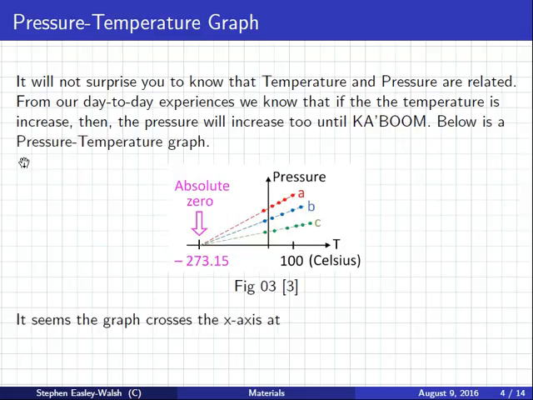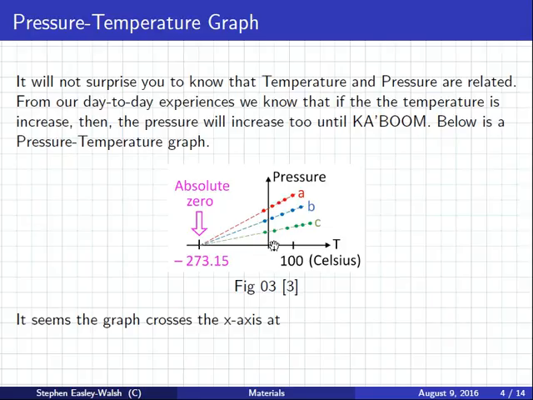Another thing was noticed by Kelvin when he was looking at different gases. He would take a gas, let's call it A, and heat the gas up, and he would note the temperature and then the pressure of the gas in the container.